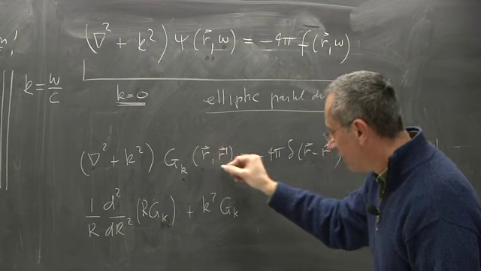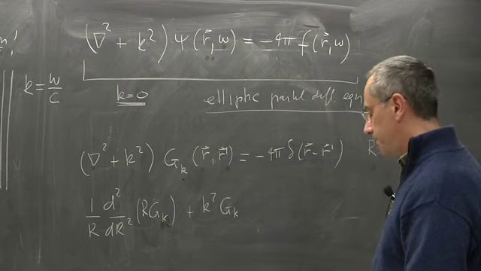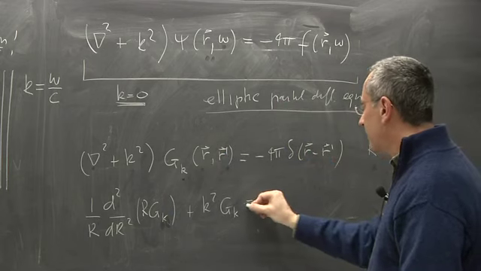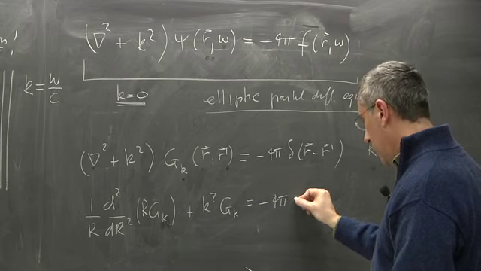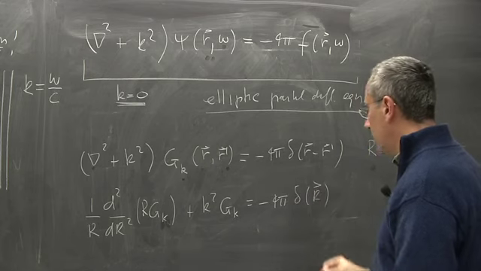And this must be minus 4 pi delta of R, okay?